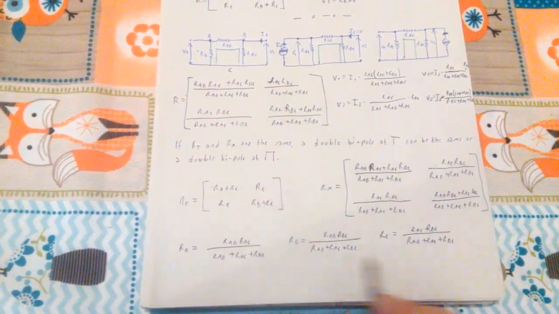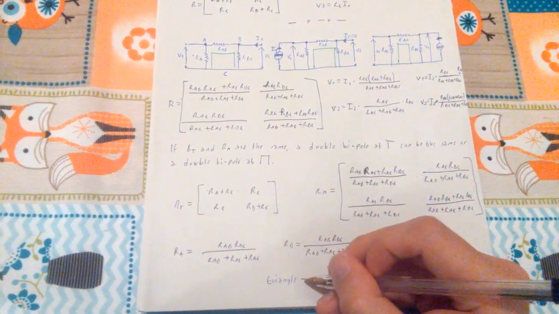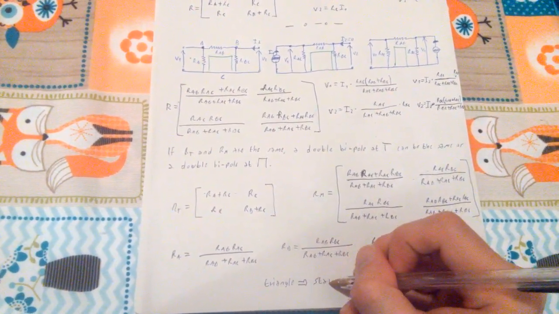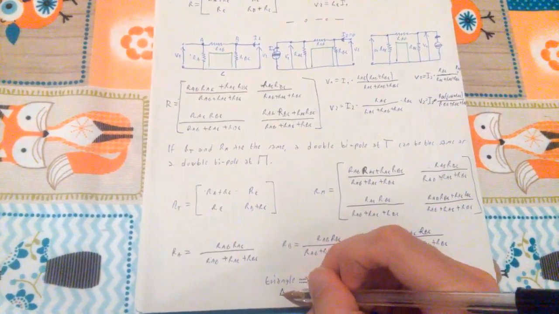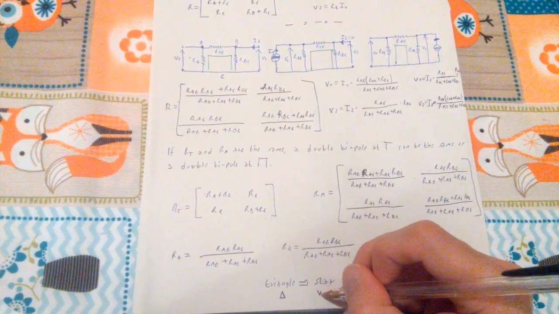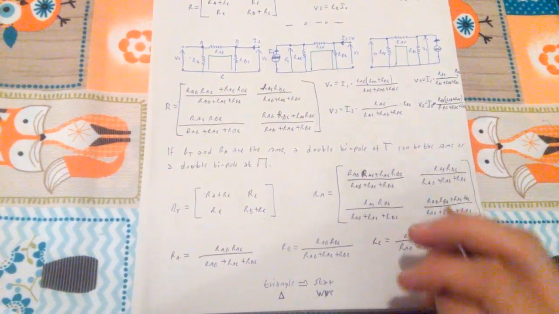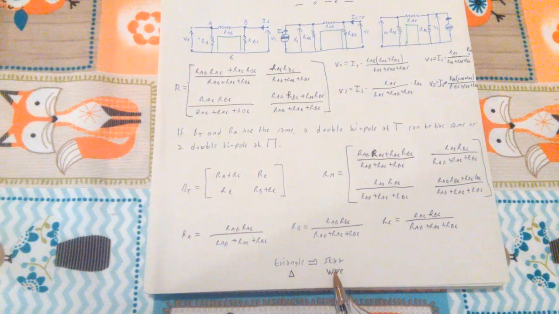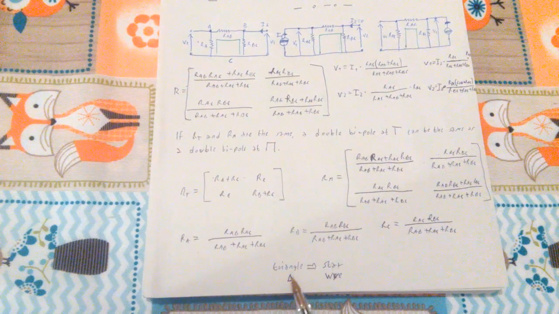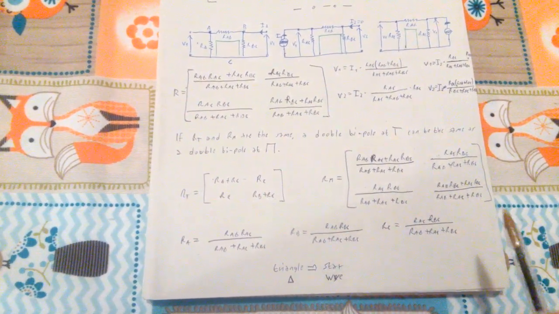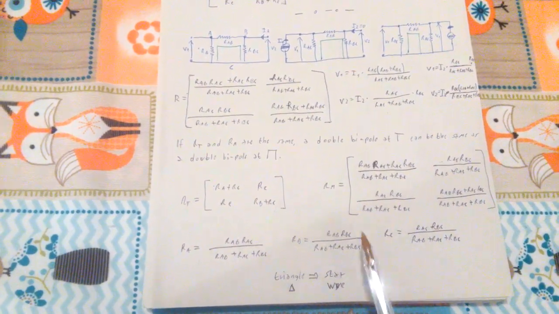So those are the formulas to go from a triangle to star, which is also called delta Y. Star and triangle, because the delta is basically a triangle and the star is a Y. So those are the formulas to go from a triangle to a star.